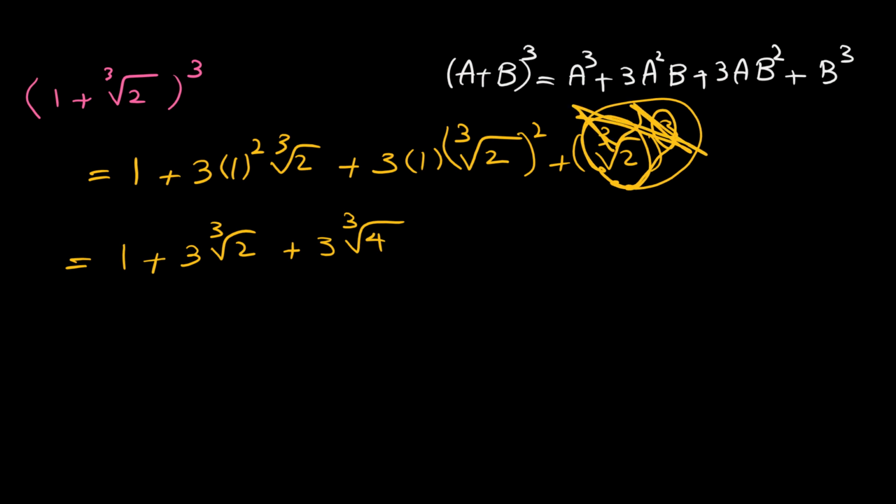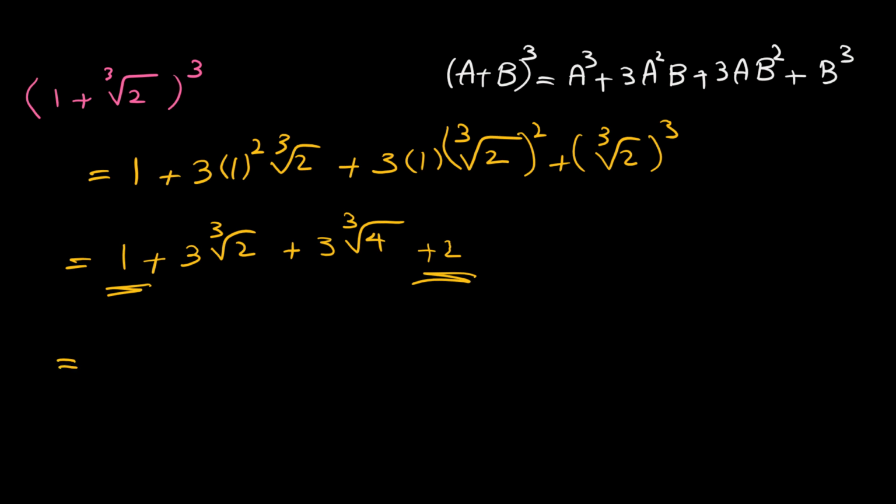These cancel each other, so the answer is 2. 1 plus 2 is 3, so the final answer is 3 plus 3 cube root of 2 plus 3 cube root of 4. This is the final answer for this question.